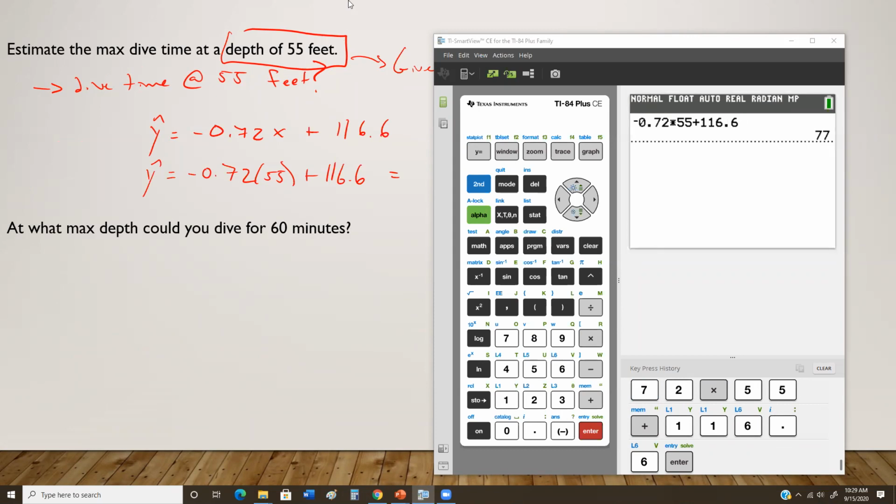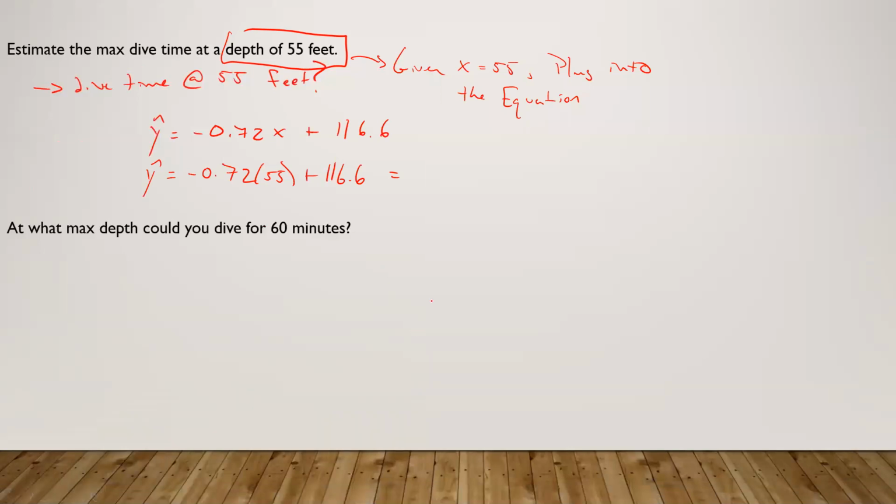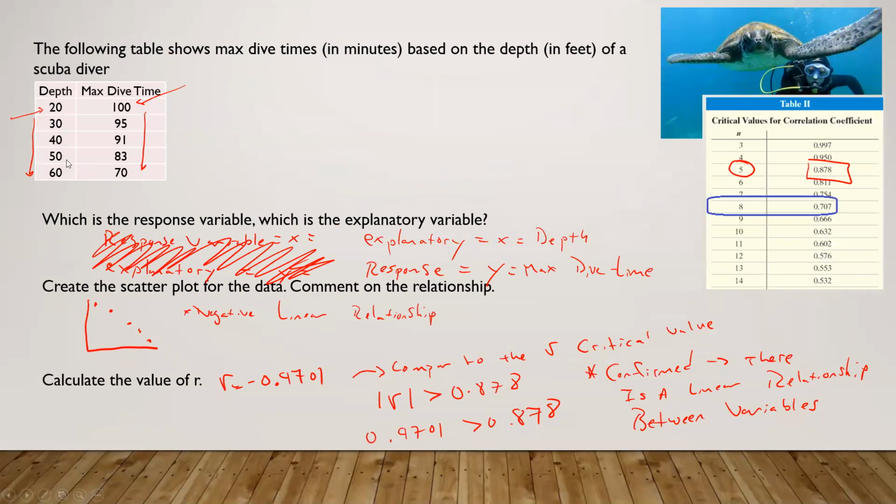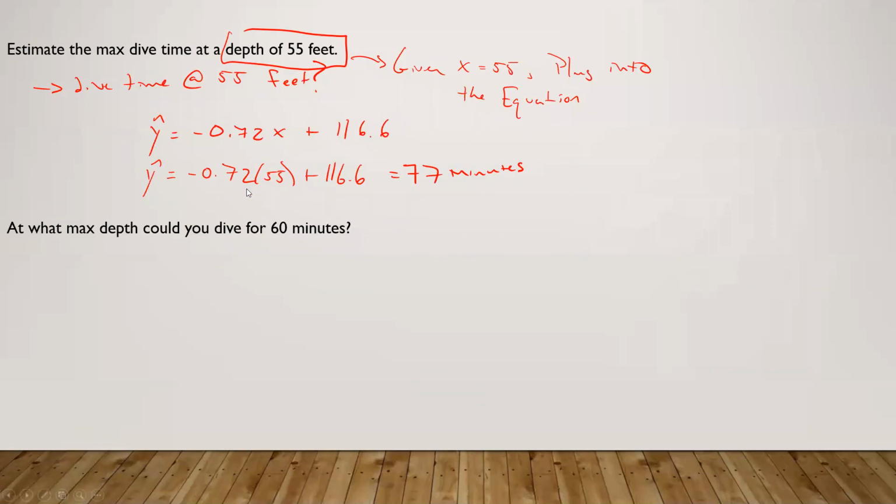So if you want to go to a depth of 55 feet, you can go for 77 minutes. Looking back, 55 is between 50 and 60, and 77 minutes is between 83 and 70, so it makes sense. It works.